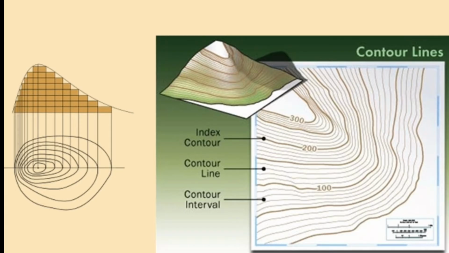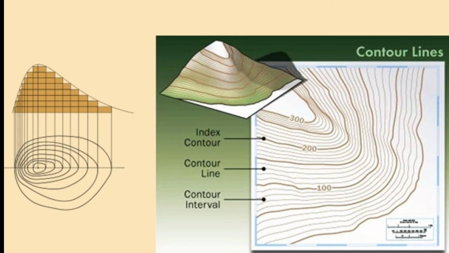Now, let us see what are the features of contour lines. Contour lines are shown in irregular shapes. Irregular means it won't be the same line, a single straight line. The shape of the contour line will be irregular. And why is it irregular?